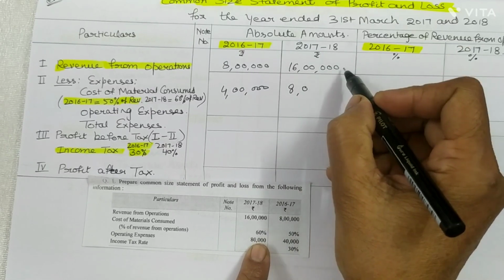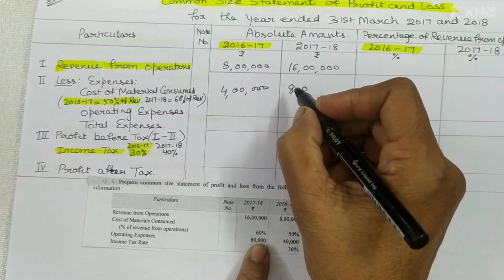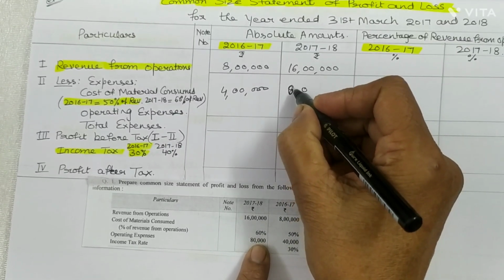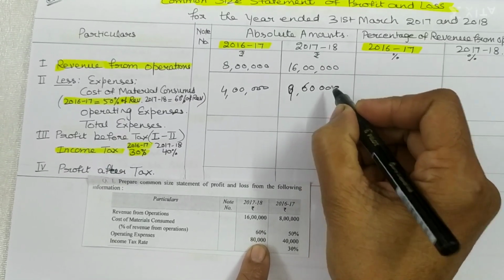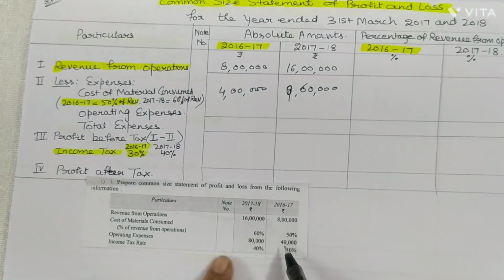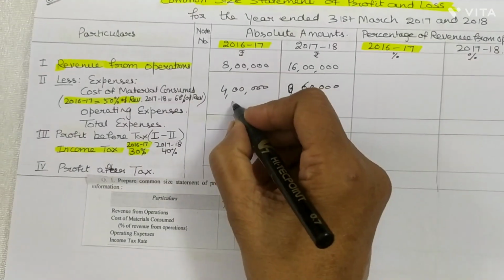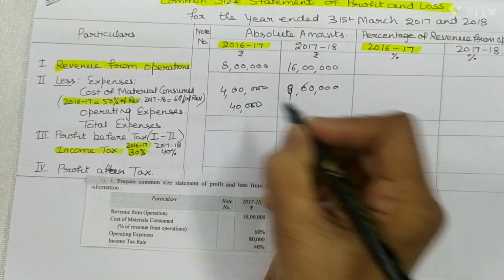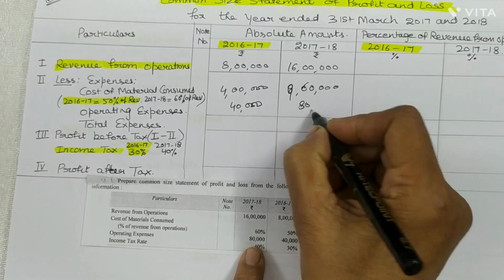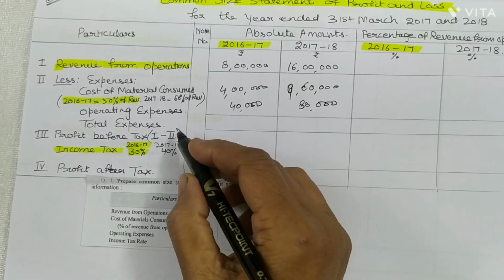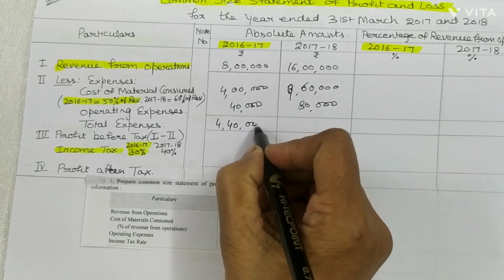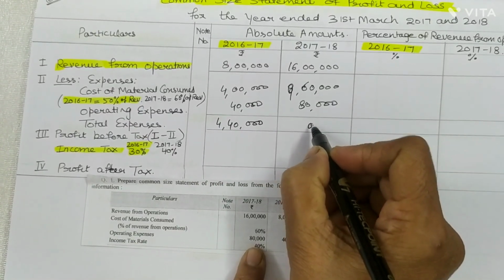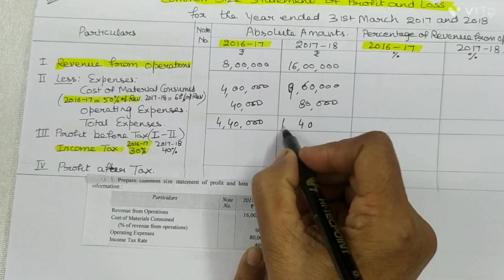The 60% of 16 lakh is 9 lakh 60,000. Expenses are given. For previous year it is 40,000 and for current year it is 80,000. Now total it. Total expenses in previous year is 4 lakh 40,000 and in current year it is 10 lakh 40,000.